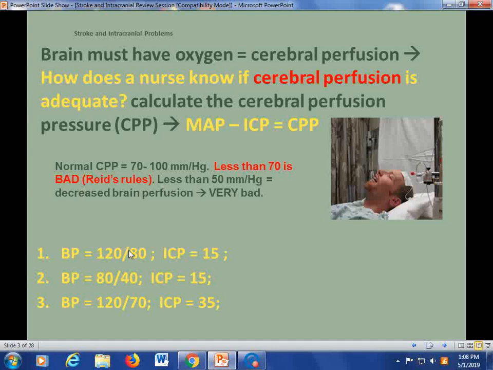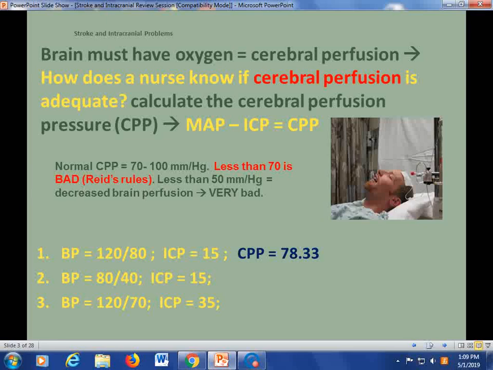So I would tell you, and I would tell you 2 or 3 times, make sure you calculate the MAP for every blood pressure. So when we do a MAP calculation for 120 over 80, and then we subtract the ICP from that MAP, we get that the CPP of a patient could be 78.33. So that fits the criteria of all is good.